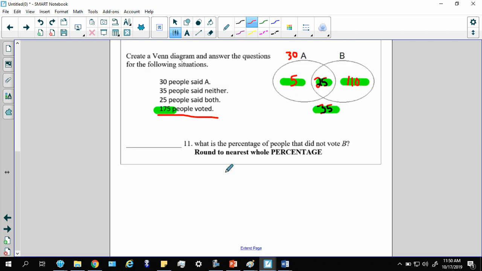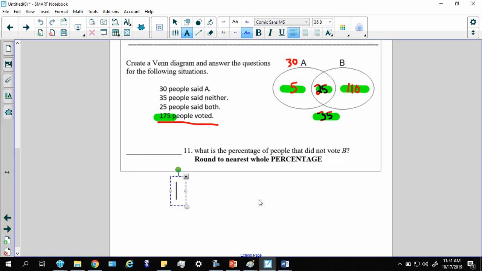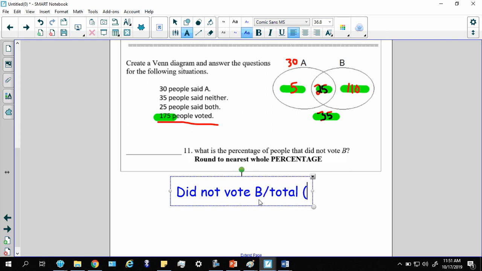All right. Now, what is the percentage that people did not vote for B? So we are going to do a division problem, and that is did not vote B, and I'm going to divide that by the total, which is 175.